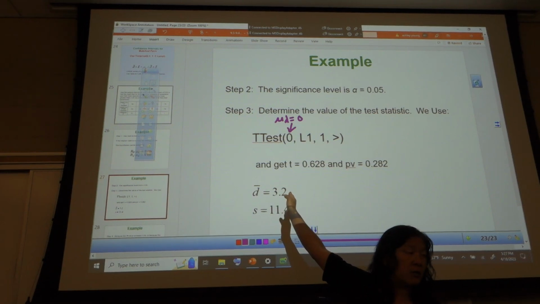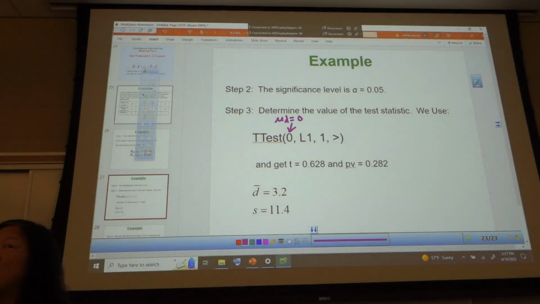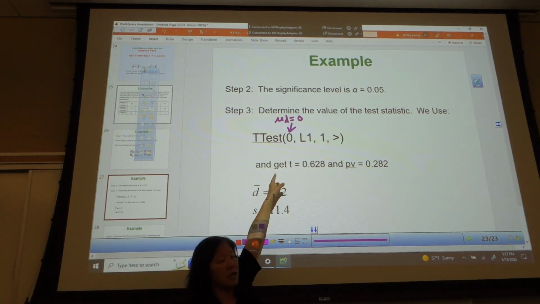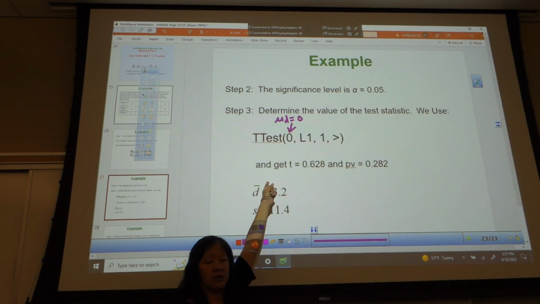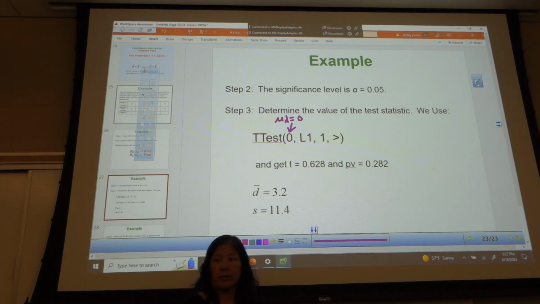Does everyone see the difference? This is a two-sample dependent. With two-sample dependent, we're looking at the differences, and we're saying the difference is 0. There's no difference between them. So only in the two-sample is that going to be 0. Okay.